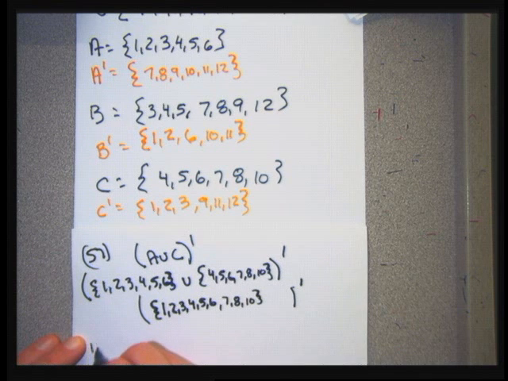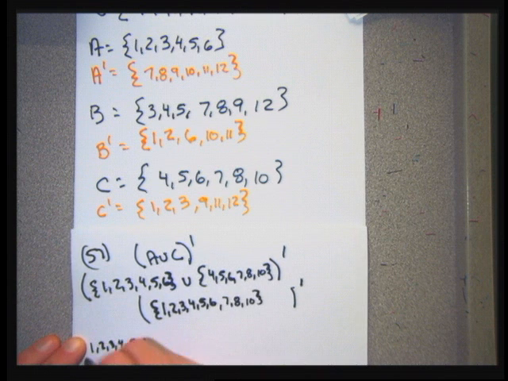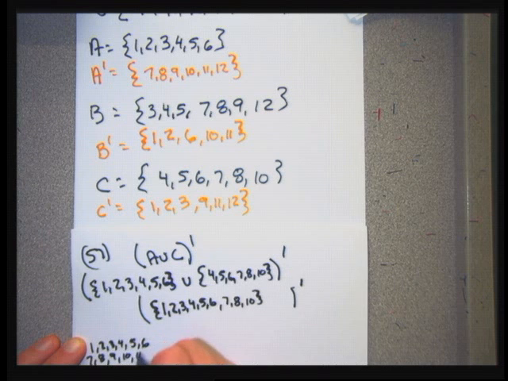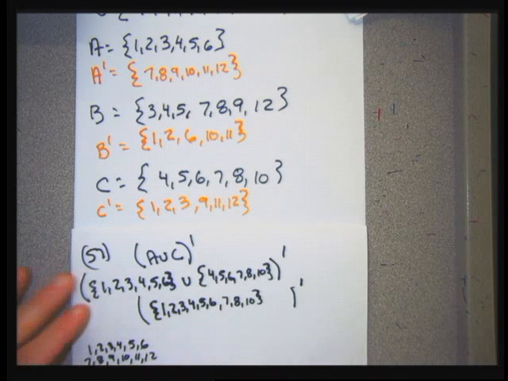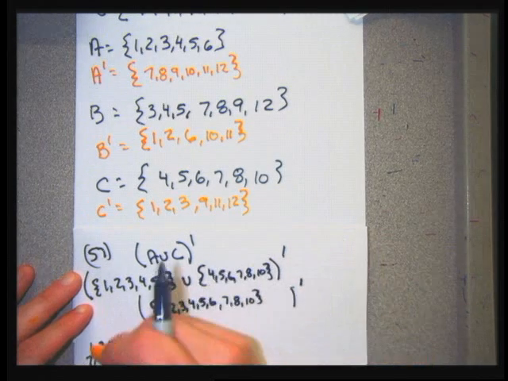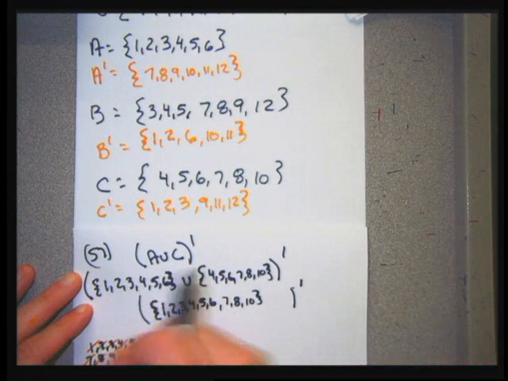To do the complement of any set, I write down the universe, or I think of the universe. And I cross out anything in the set that I'm working with, and that will leave me the complement. So the set that I'm complementing has the numbers 1, 2, 3, 4, 5, 6, 7, 8, and 10.